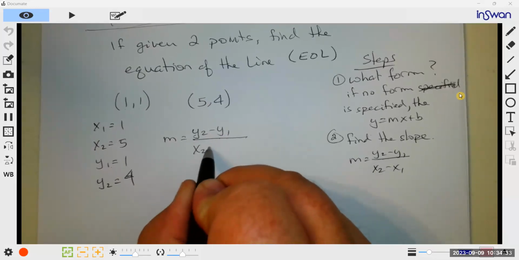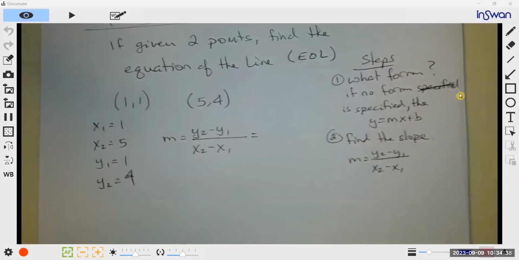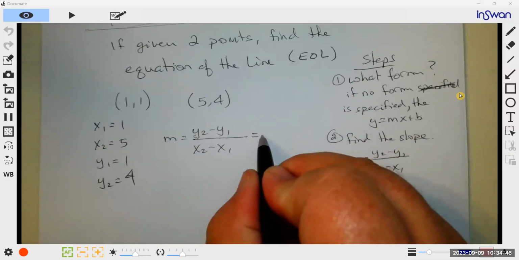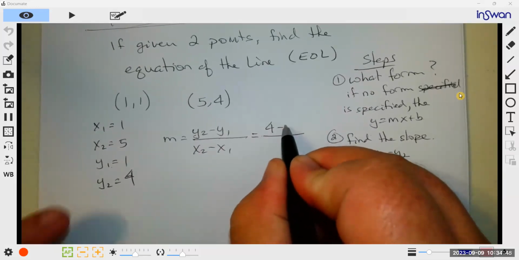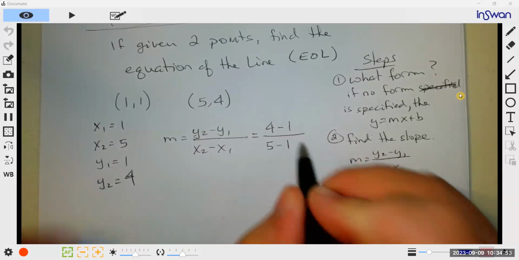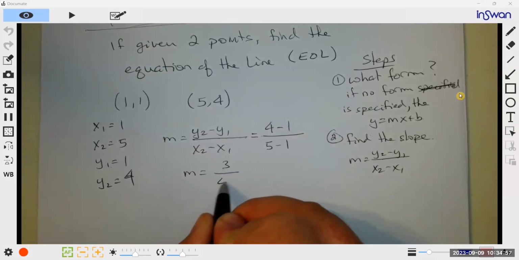Get in the practice of always writing down the formula you're going to use, because it'll decrease the amount of mistakes you can make later on. So y2 is 4 minus y1, over x2 minus x1. So our slope is 3/4.